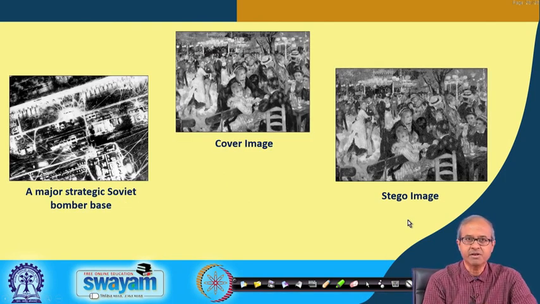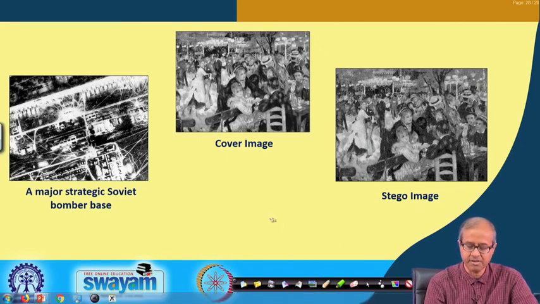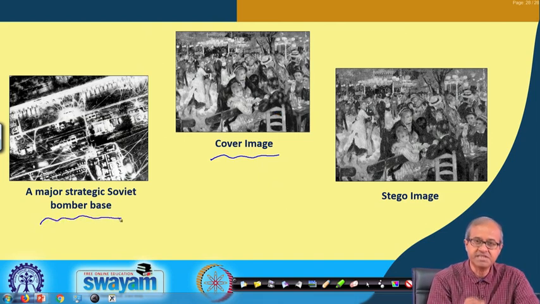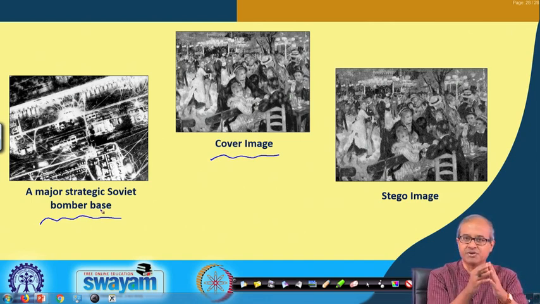This is another example which was publicized and is available in the public domain. Here a famous piece of art was considered as the cover image. Inside this picture some other picture was hidden. This was the map of a strategic Soviet bomber base, a satellite picture, hidden because any picture is ultimately a stream of zeros and ones, which was hidden inside this larger image.